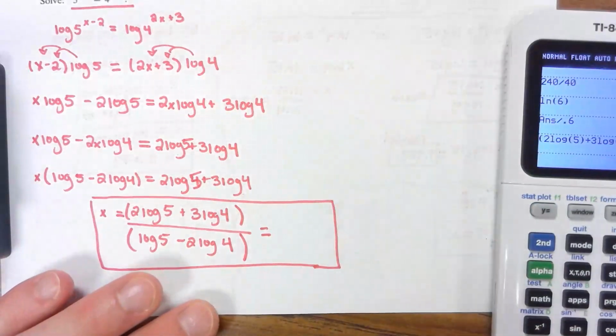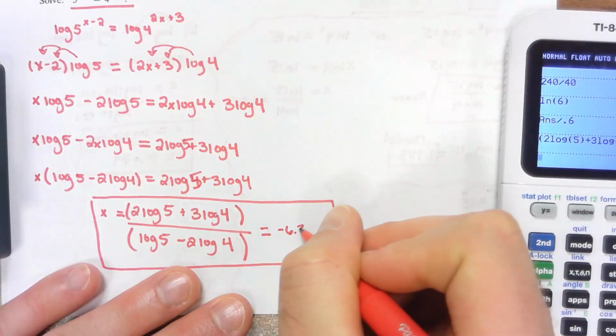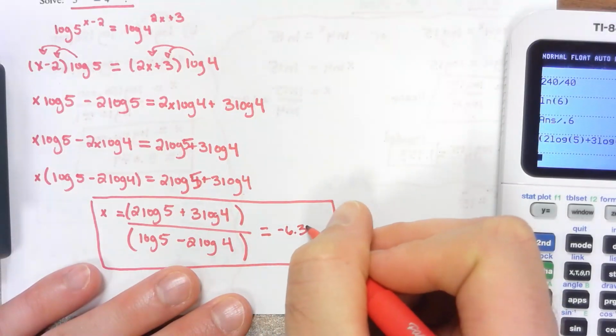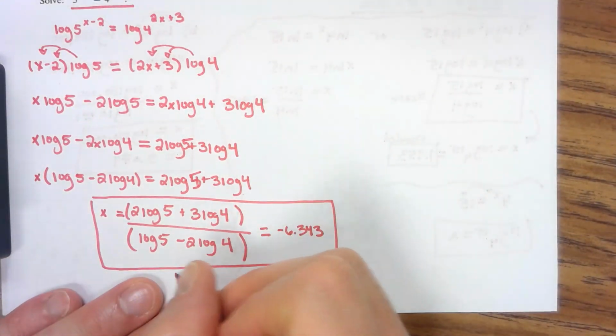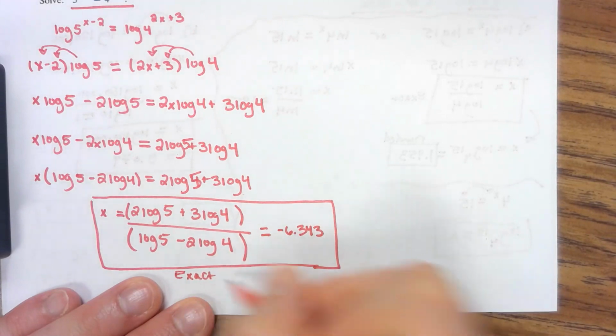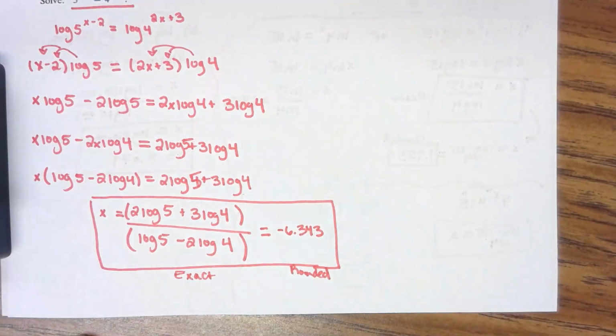So I get negative 6.343. Okay, that is our answer in exact form and the rounded form, and that's again the 3 decimal places. So that brings us to a midway point in this lesson.